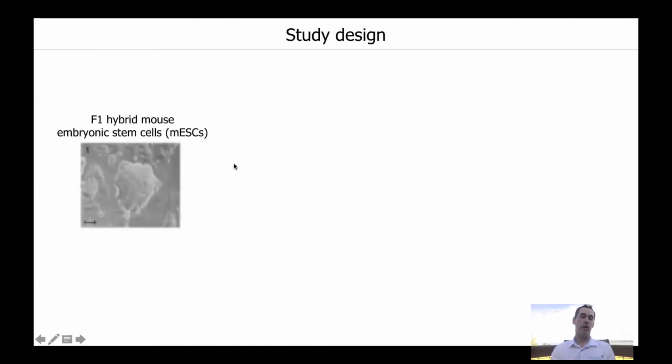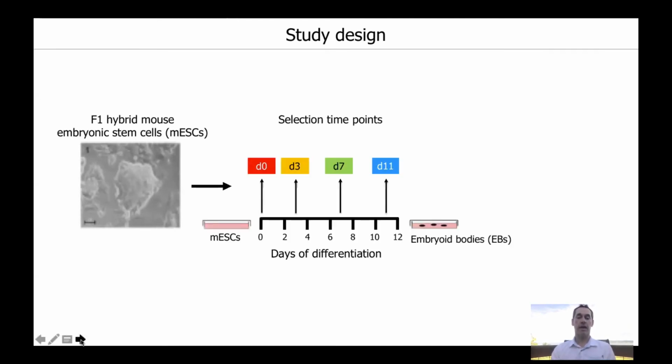For the study, F1 hybrid mouse embryonic stem cells represented the starting state, and the F1 hybrid system allowed us to get allelic information. Cells were differentiated towards embryoid bodies and sampled at 4 time points: day 0 representing the embryonic stem cells, day 3, day 7, and day 11.